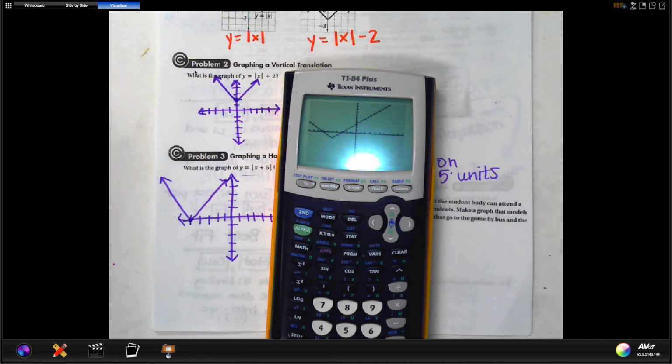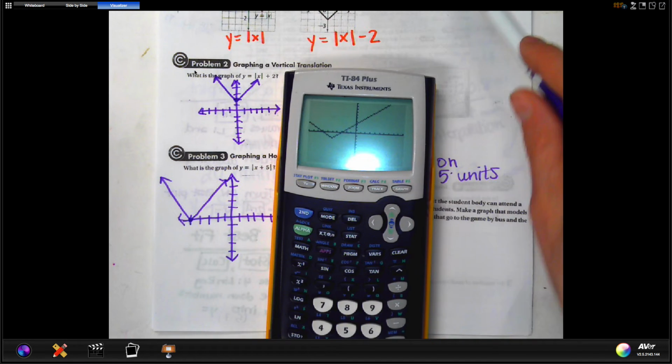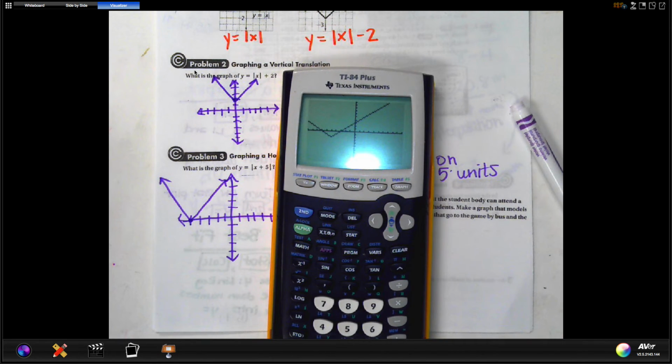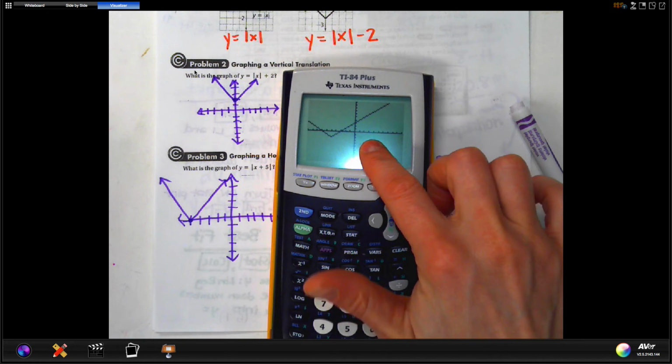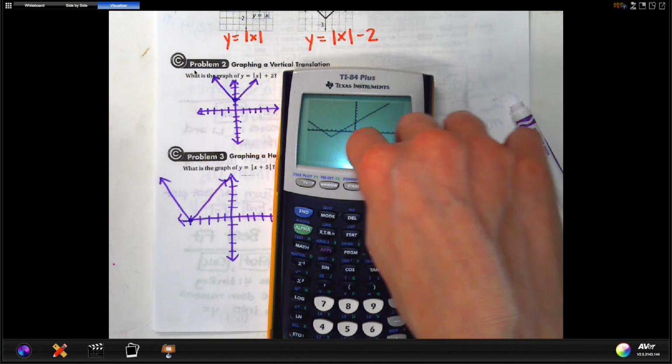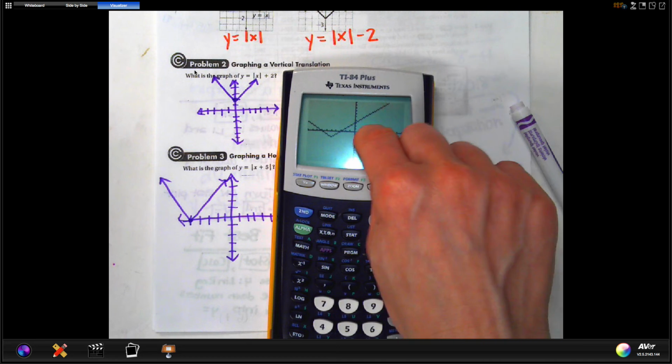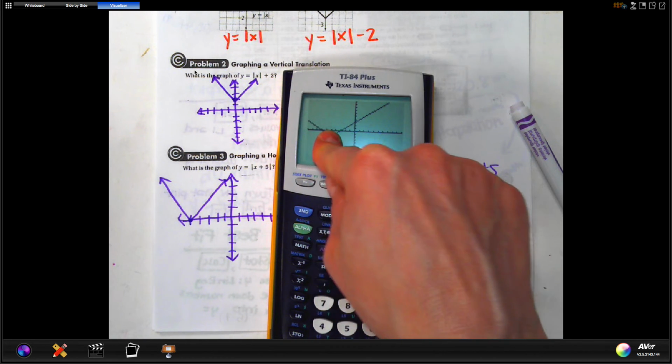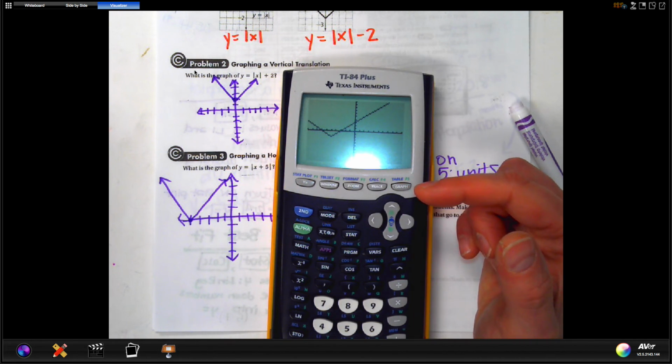Yeah, it's going to go left 5 and then also down 2. So these translations keep their same shape. They can slide. They can do both. They can slide left and right and up and down in the same translation. So on one like this, you just have to give 2 descriptions. You would say translation left 5 units and down 2 units.